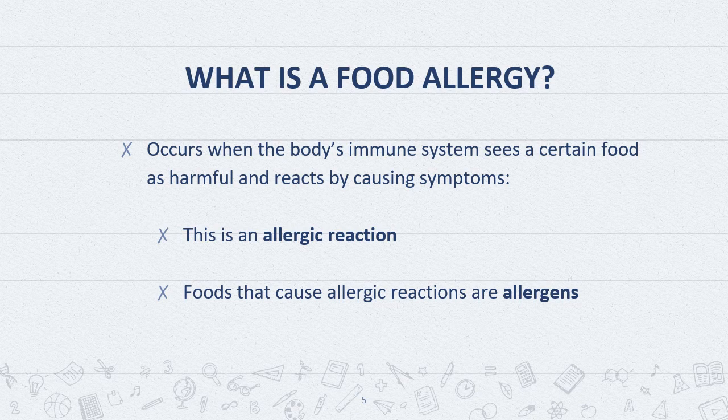Mild and severe symptoms can lead to a serious allergic reaction called anaphylaxis. This reaction usually involves more than one part of the body and can worsen quickly. Anaphylaxis must be treated right away to provide the best chance for improvement and prevent serious, potentially life-threatening complications.